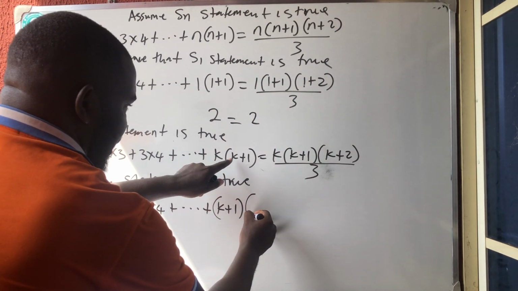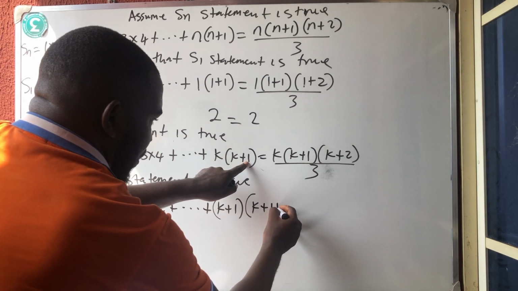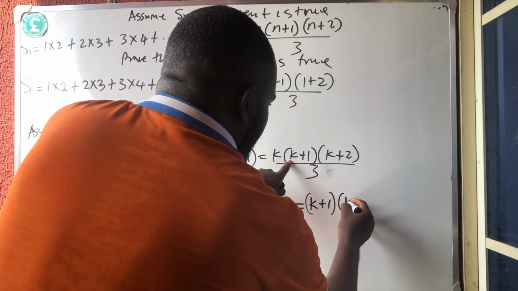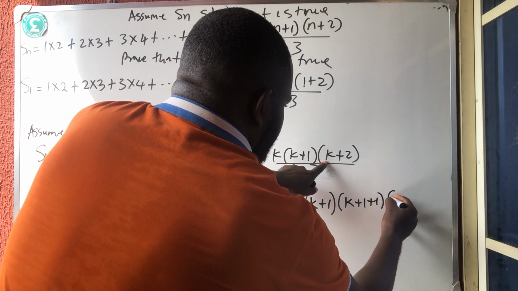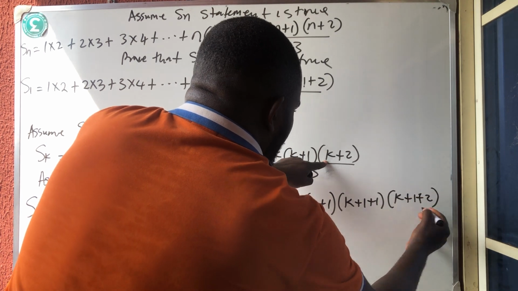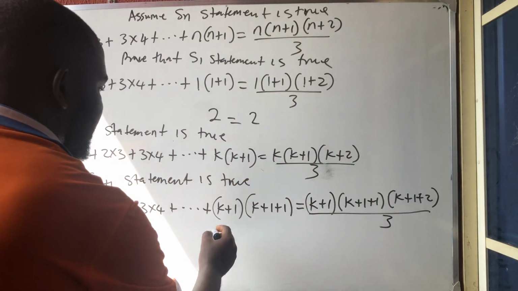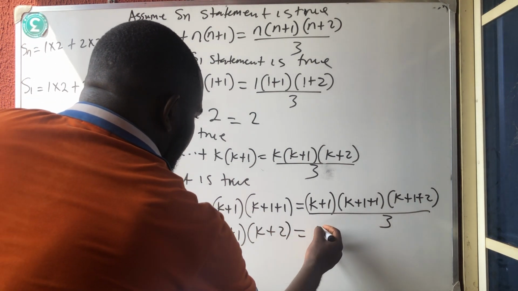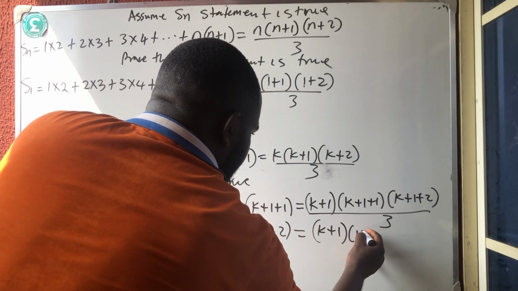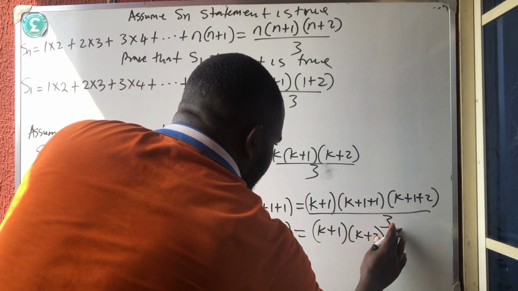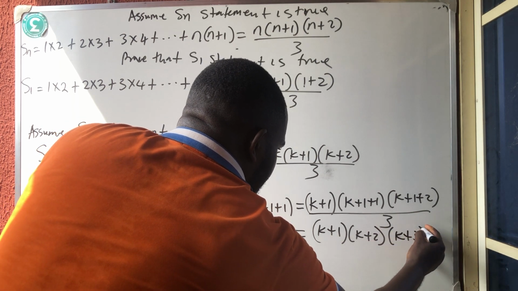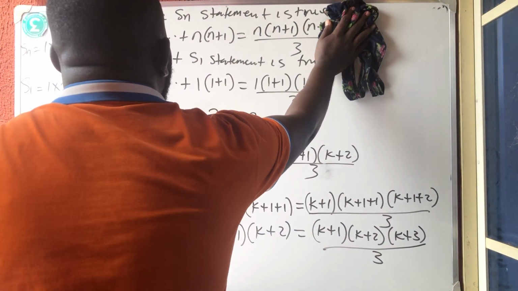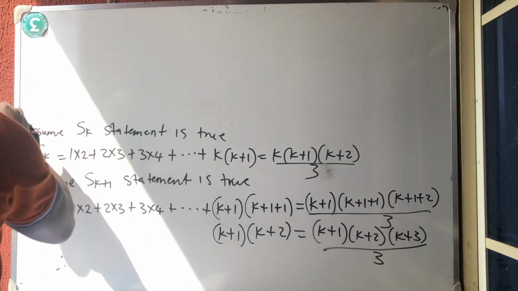I've seen it here in bracket of K plus 1, then plus 1, is equal to K plus 1 into K plus 1 plus 1 into K plus 1 plus 2, all over 3. So what I'm having here is K plus 1 and K plus 2 is equal to K plus 1, K plus 2, and K plus 3, all over 3.